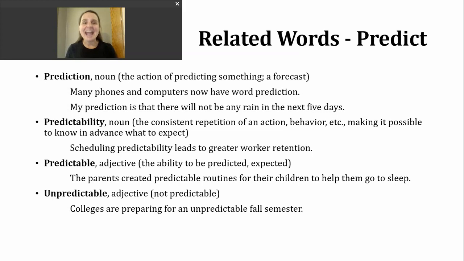The next adjective is connected to the one we just discussed. Unpredictable should be pretty easy to figure out because that prefix un means not. And that's really the definition of this word, not predictable. Here's an example. Colleges are preparing for an unpredictable fall semester.